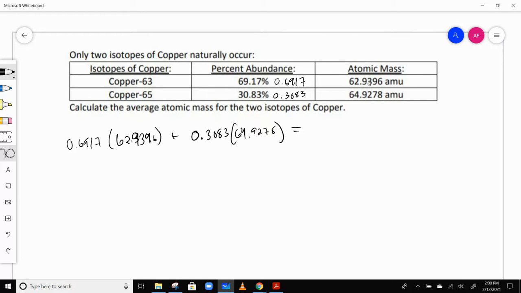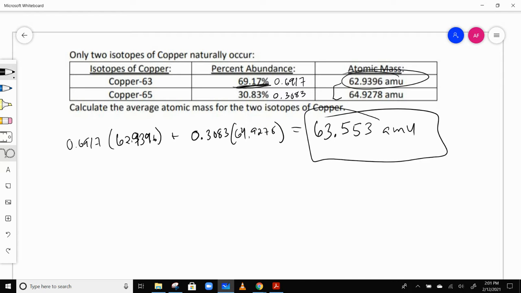Okay, we do that math here and we'll get the answer. Okay, and the answer is about 63.553 AMU. Let's check, make sure it's between these two numbers. It is, and it's closer to the one that's a little bit higher percentage. So that looks about right.